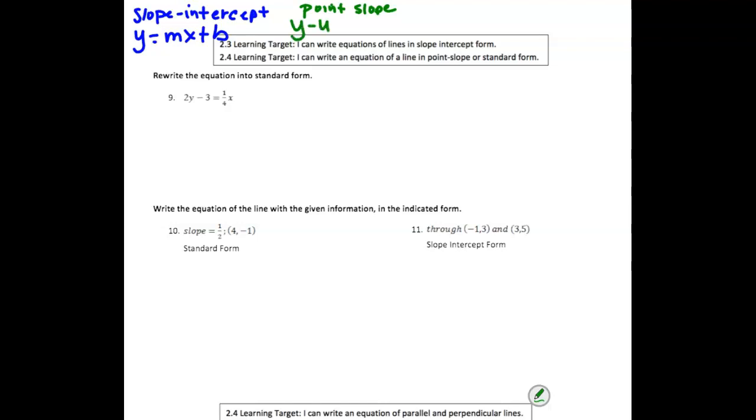Okay, y minus y1 equals m times x minus x1. And then standard. Good. And remember with standard form, we typically like what kind of numbers for our coefficients? Integers. So no fractions, no decimals left in them. Integer coefficients.